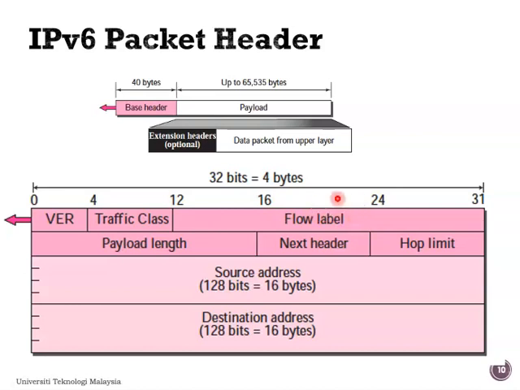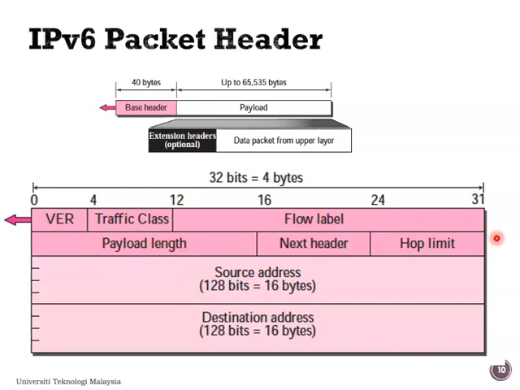This flow label can also be used to support the transmission of real-time audio and video. Basically, that is the function of the flow label, to speed up the processing of the packet. The next one is the payload length. It takes 2 bytes.